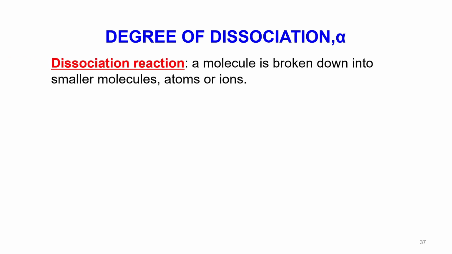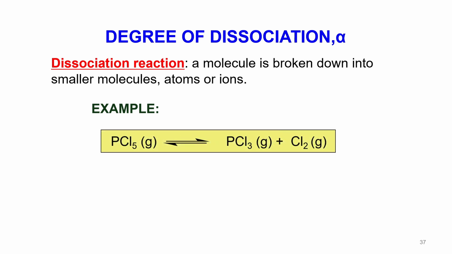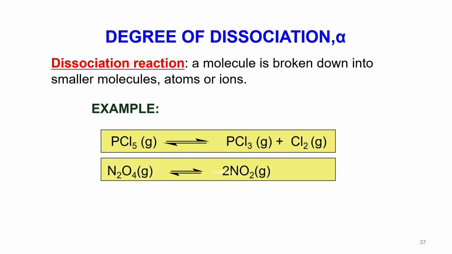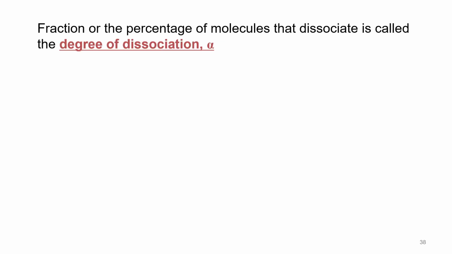Okay, next kita pergi the last part, iaitu degree of dissociation. Okay. Dissociation reaction, okay, a molecule is broken down into a smaller molecules, atoms ataupun ions. So these are the example. PCl5 gas produce PCl3 gas and Cl2 gas. N2O4 gas produce 2NO2 gas. NH4Cl solid, NH3 gas and HCl gas. The fraction or percentage of molecules that dissociates, okay, is known as the degree of dissociation.